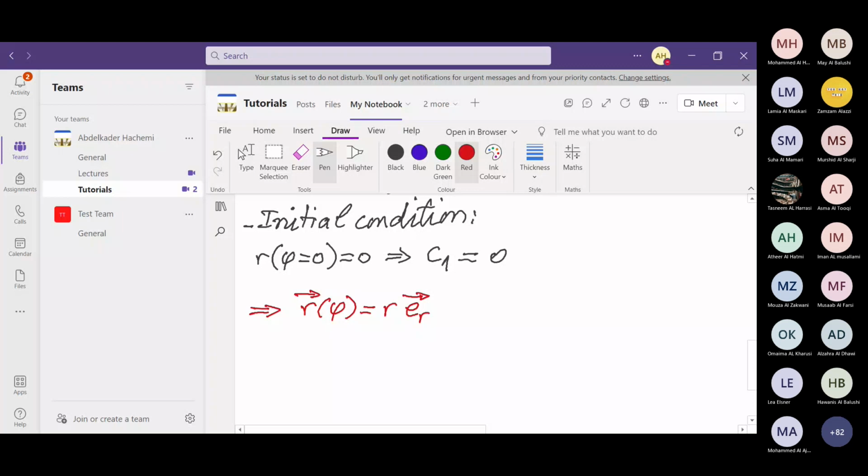This is what is asked in the first part.